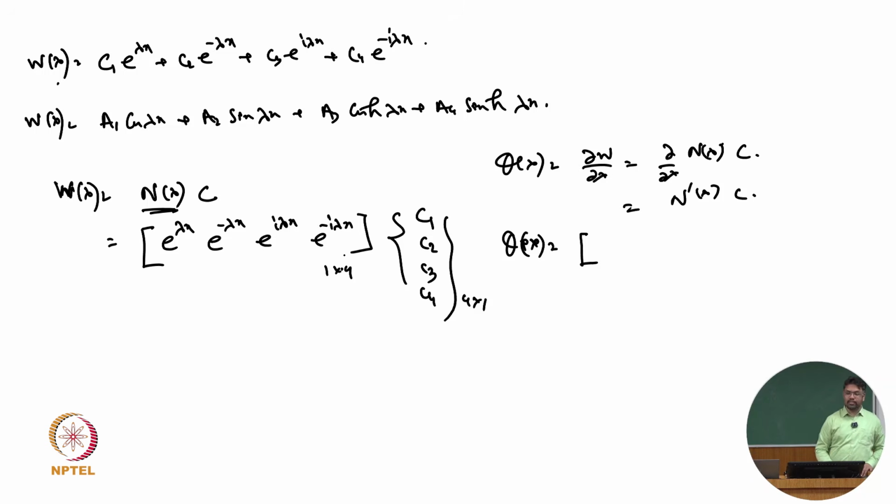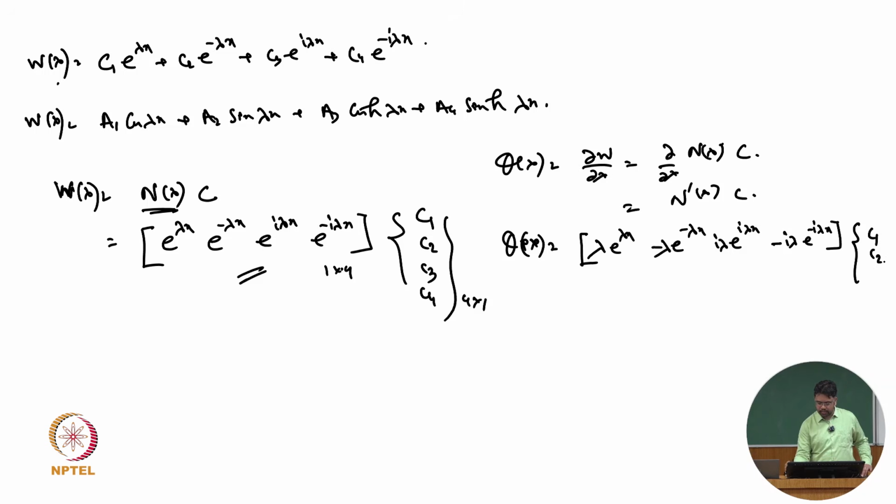The derivative of this thing: lambda e to the power lambda x, minus lambda e to the power of minus lambda x, I lambda e to the power of I lambda x, minus I lambda e to the power of minus I lambda x, into C1, C2, C3, C4. You see, now it becomes so easy. You do not need to do differentiation of each and every term; you just do the derivative there. Make sense? But now you will see the original benefit of it.